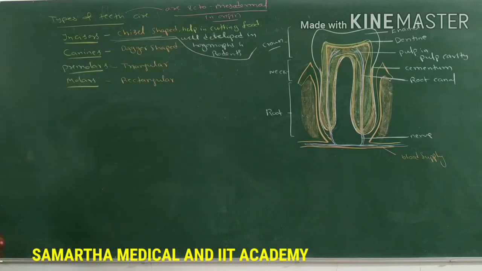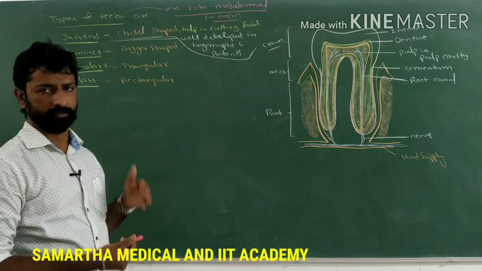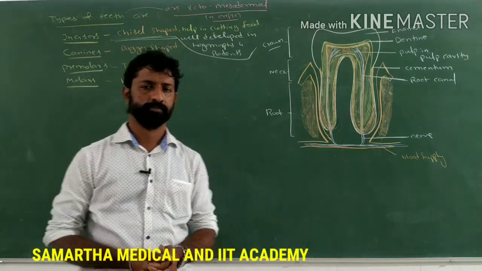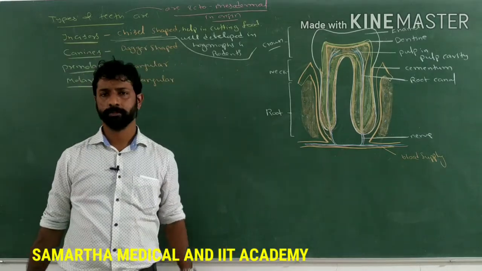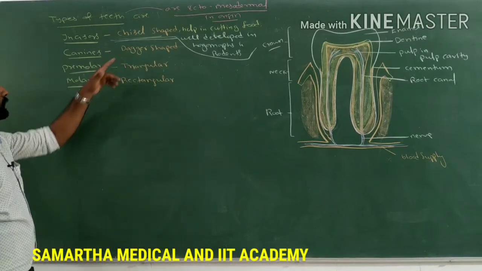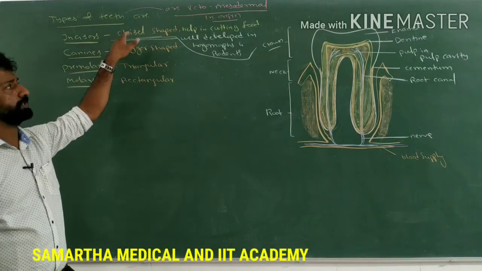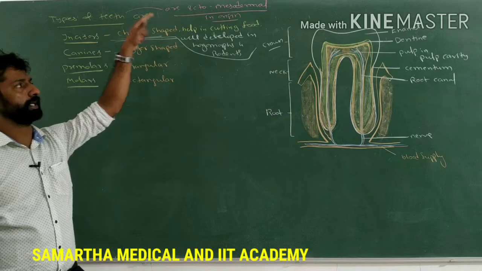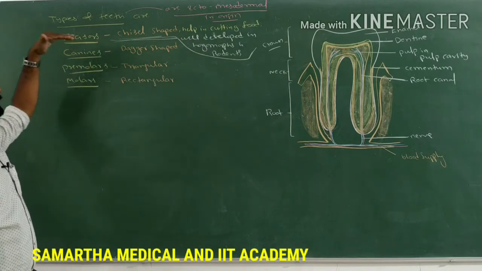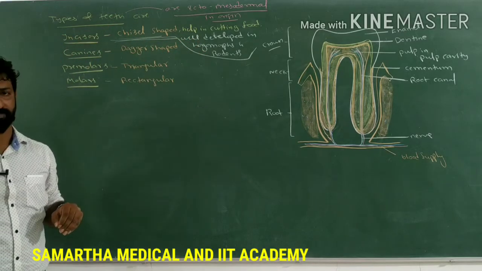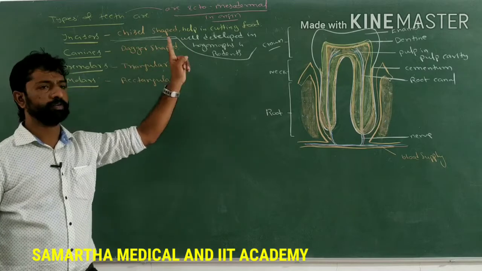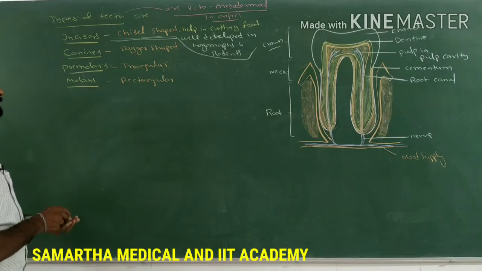For example, an example for the lagomorph is a rabbit, and the rodents such as mice. In them there is a presence of chisel shaped teeth for cutting the food, and those are called the incisors. So they are well developed in lagomorphs and in the rodents.